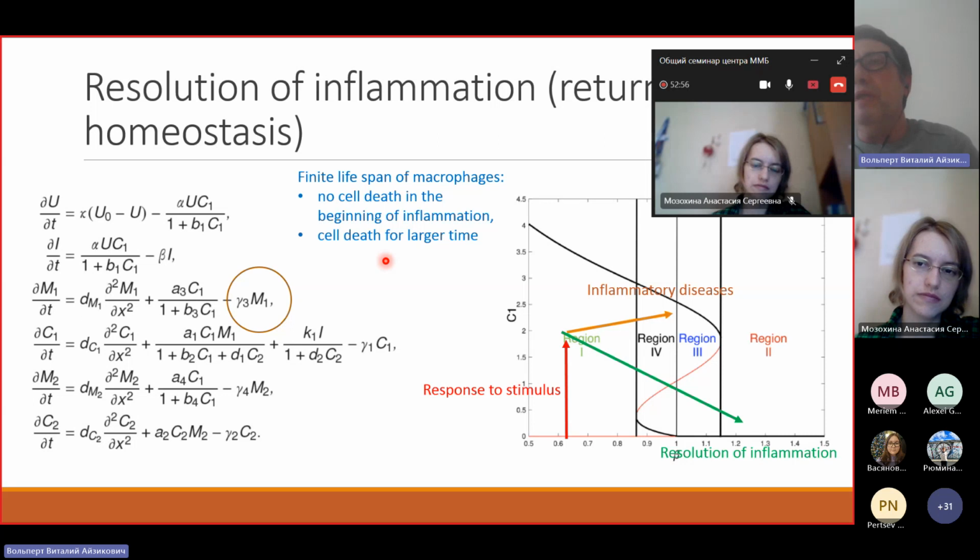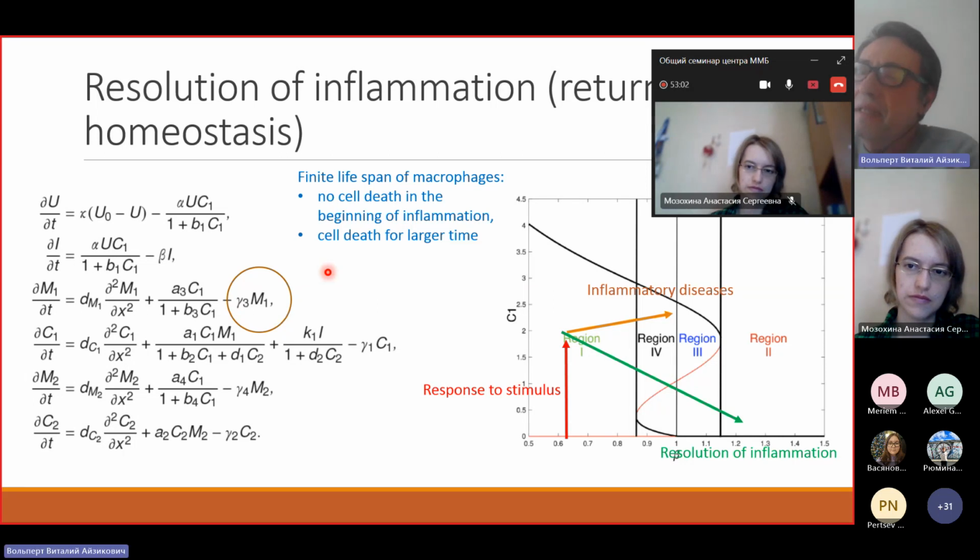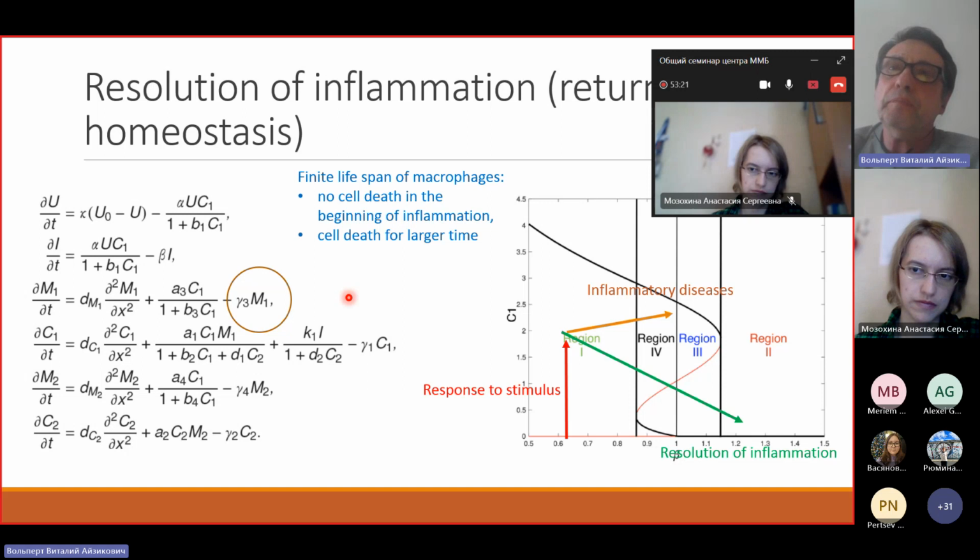But if our time interval is several days and life duration of the cells is several days, then it might not be relevant, because in these time scales, the cells do not die. This is what is very important. This is why not always we can consider these models in this form. So when we consider short time periods, we should take into account that in the beginning, the cells do not die.